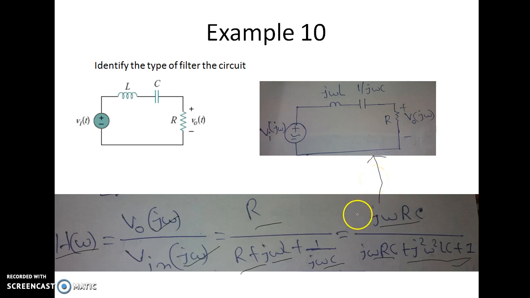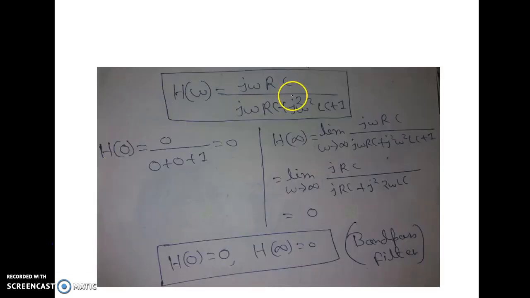Now to determine what type of filter this is, we have to put omega equal to 0 and omega equal to infinity, and check the value of the transfer function. We got H of omega equal to j omega RC by j omega RC plus j square omega square LC plus 1.